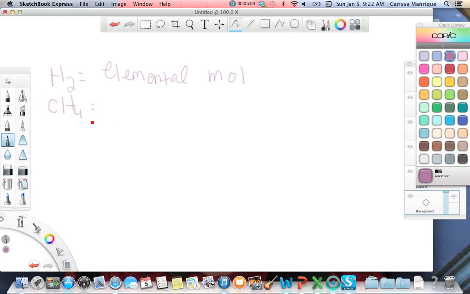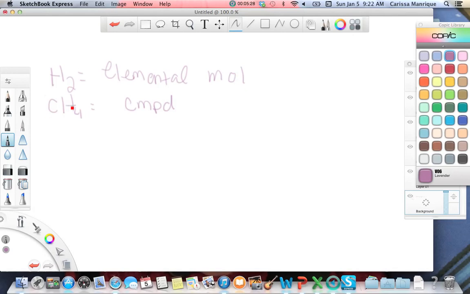What about CH4? First let's see, is it going to be elemental or a compound? We see there's a mixture of different elements. It's not just one type of element there. There's a mixture, so this will be a compound. Now, is this molecular or ionic?